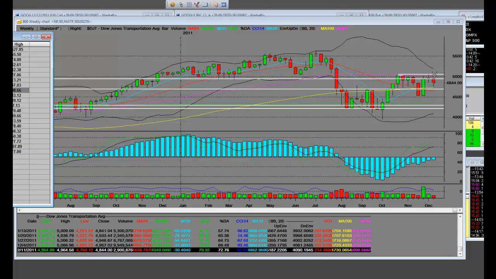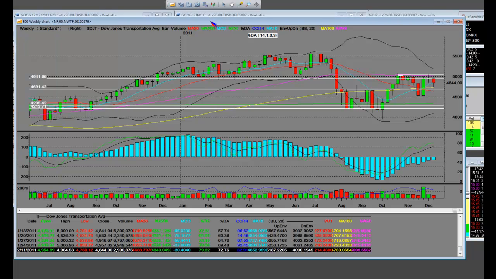If it closes above the 50-week moving average, we can get a bull run up to here. However, so far, with Europe and year end and everything else involved, we're having a hard time just coming up here and testing where these weekly support levels finally got violated, and they got violated heavily here in the transports.